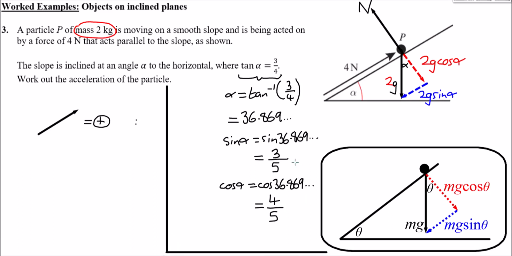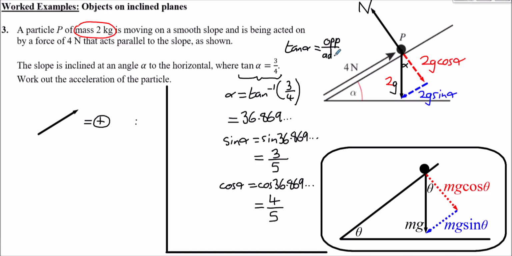Examiners often, not always, but often give you an angle in terms of tan, or sometimes a different trig relationship. So why would they do this? Well, what you need to remember here is what tan is. Tan of an angle is a ratio of the opposite side to the adjacent.